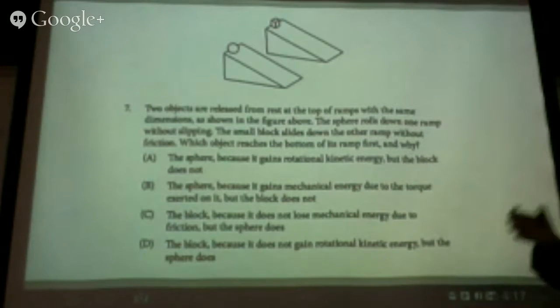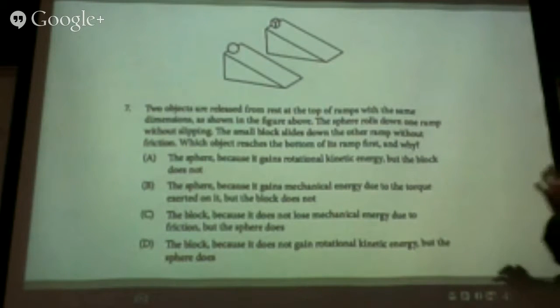That's true at the bottom of the ramp. It's true at every other point along the ramp after they're released. Some of that energy for the sphere doesn't go toward moving it from place to place. Some of it goes toward spinning that sphere. So the block is always moving faster after they're released than the sphere is, which means the block must get down to the bottom faster.